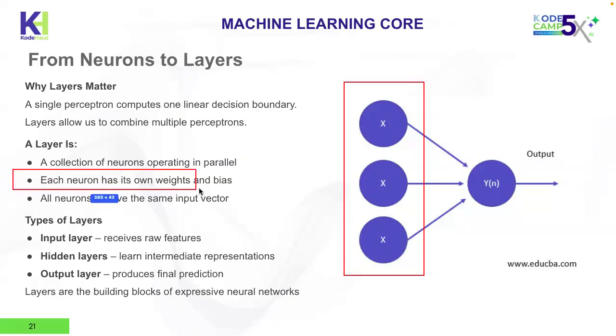So each neuron has its own weight and bias, and all neurons receive the same input vector, which is exactly what we're saying. The input vector is basically the signals that are coming in, and the signals are the same. So the different neurons will collect the same inputs, but how each neuron reacts to its input is determined by the weight.